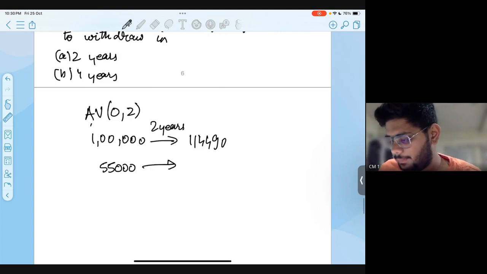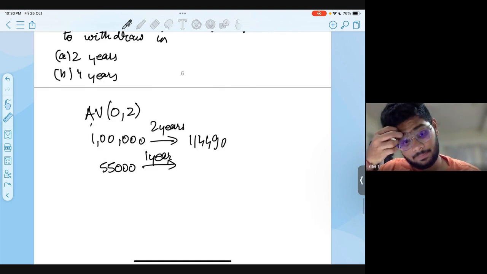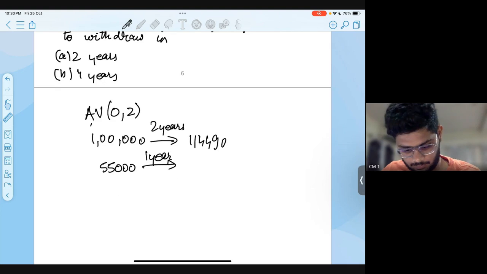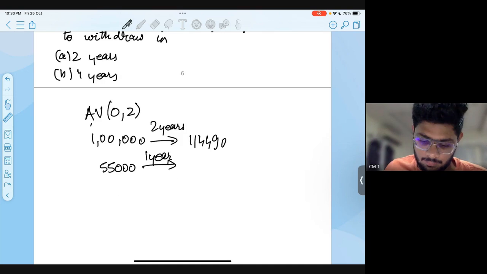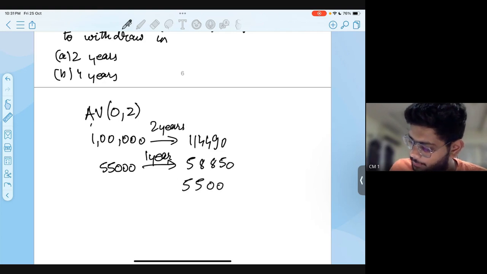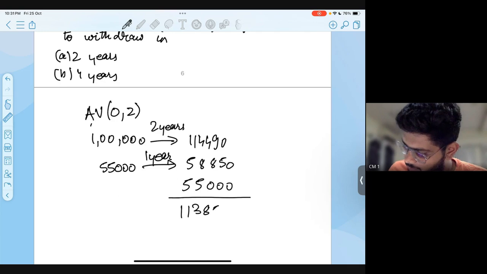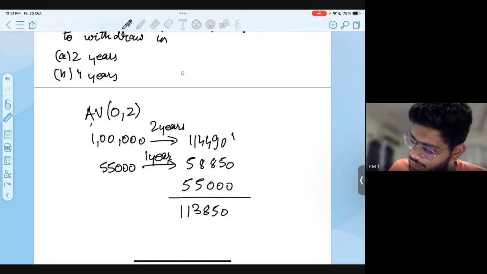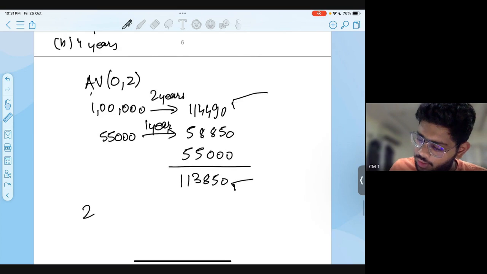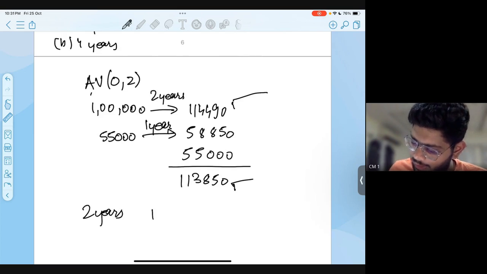And 55,000 at time 1, what will that become? This will be accumulated for 1 year, right? 58,850, and the second will not be accumulated at all, so it stays 55,000. So this becomes 113,850. Now this is more than that, meaning for 2 years you should choose 1 lakh.